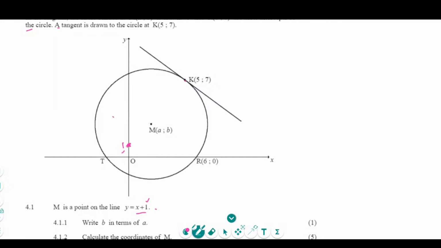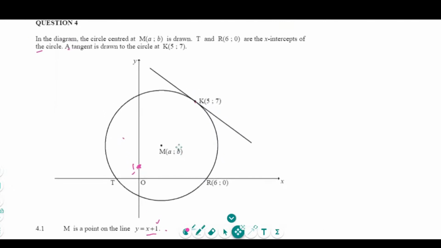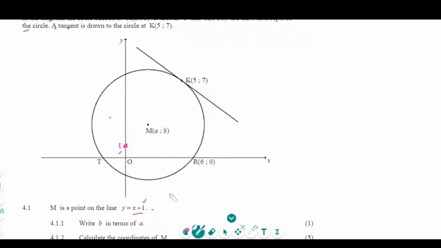Okay, let's see. So we are saying we have a line that is passing through M, which line is y equals x plus 1. Write B in terms of A.